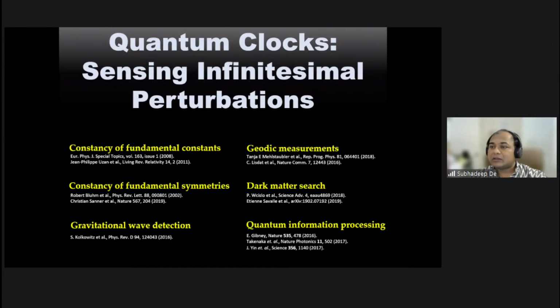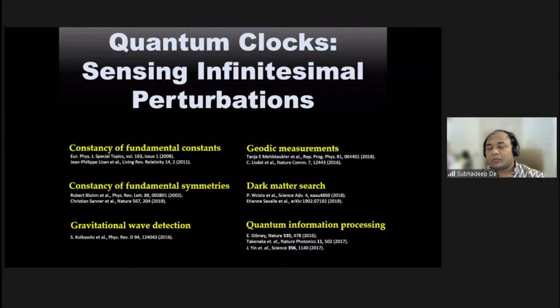But dark matter influences several other changes which can be measured directly by atomic clocks, and that can explain whether the dark matter is actually there or not, an indirect measurement of dark matter. And optical clocks are also a very useful tool for next generation communications, or quantum information processing.